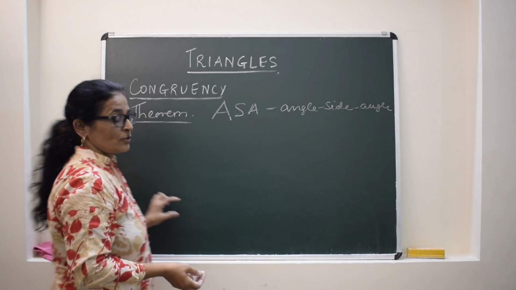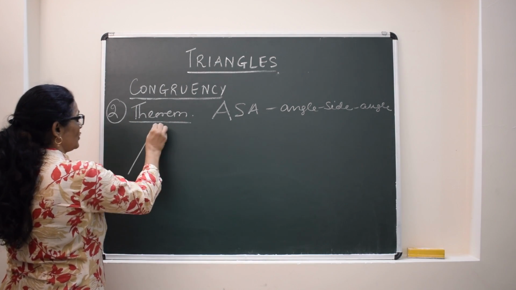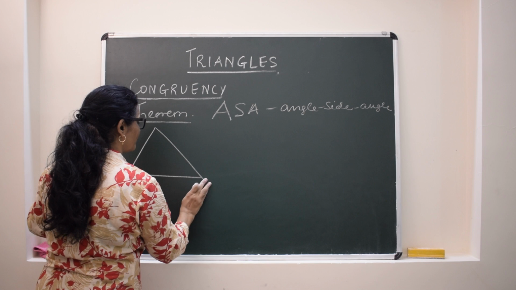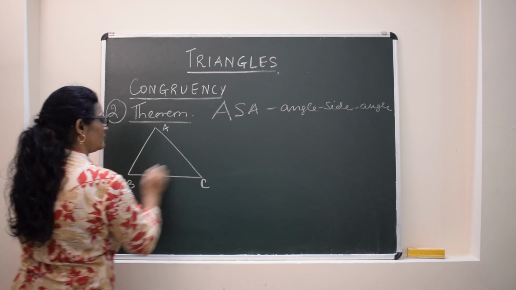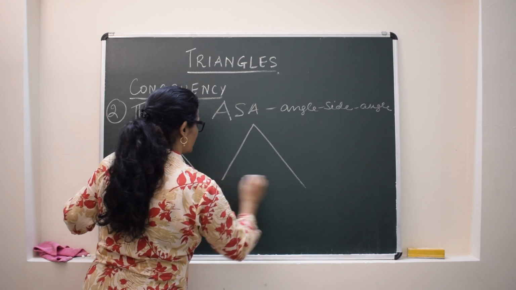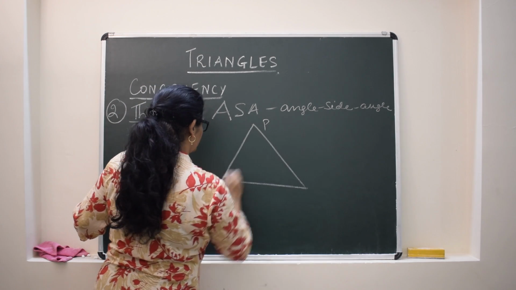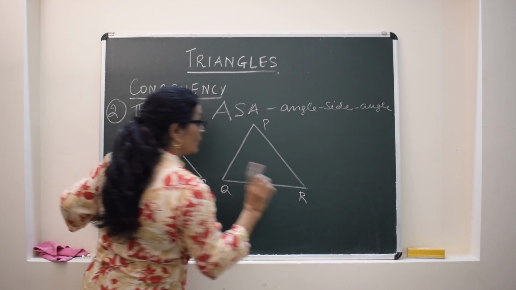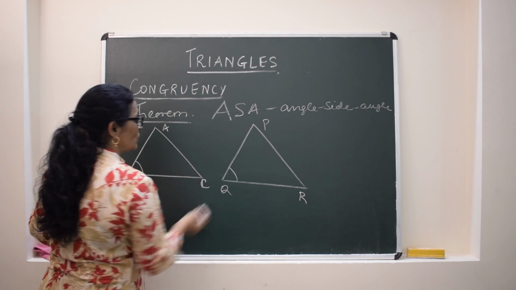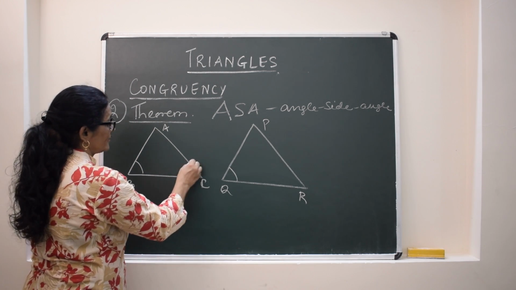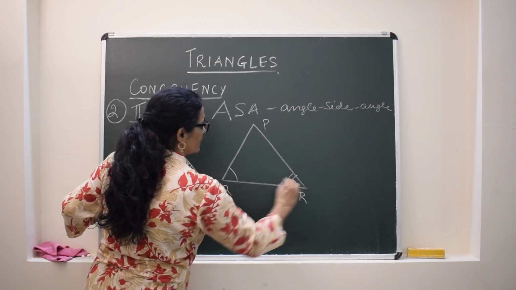So if we look at two triangles ABC and PQR, in which two angles, meaning any two angles. Suppose we have taken angle B is equal to angle Q and angle C is equal to angle R.